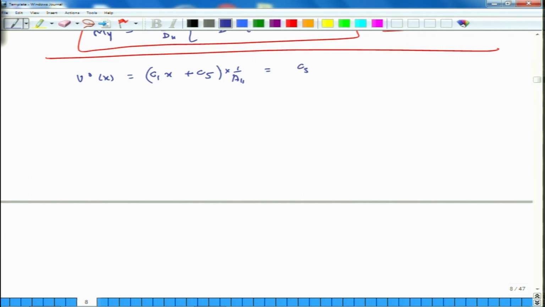So, it is C5 over A11, and now we implement the other boundary condition, which is u naught at x equals minus a by 2 is 0. So, C5 is 0.